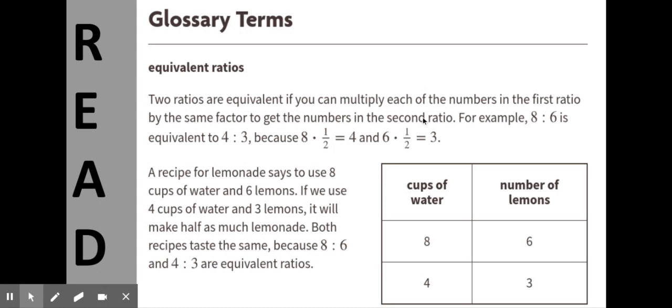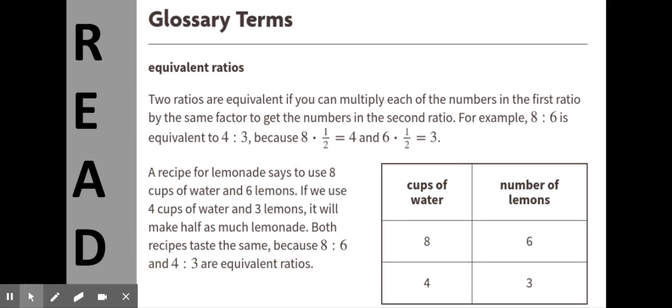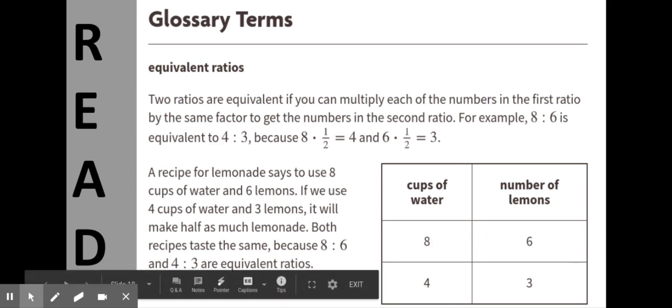So 8 over 6 is the same as 4 over 3. So we have an example here. A recipe for lemonade says to use 8 cups of water and 6 lemons. If we use 4 cups of water and 3 lemons, it will make half as much lemonade, but both recipes will taste the same because 8 to 6 and 4 over 3 are equivalent ratios. It's just half.